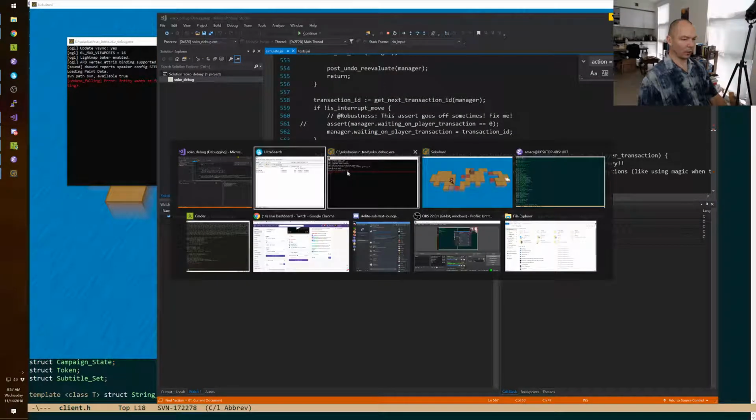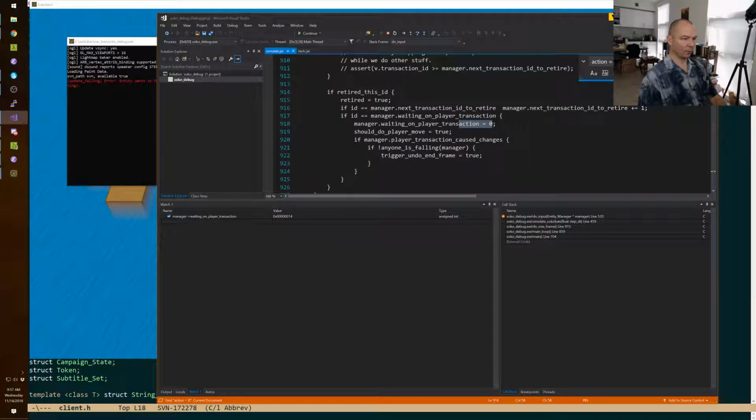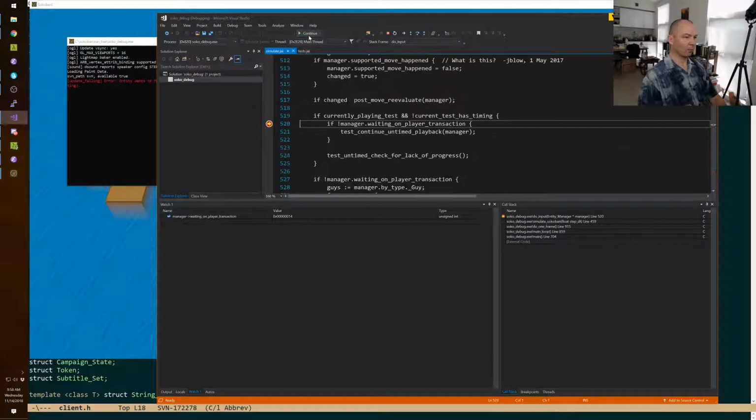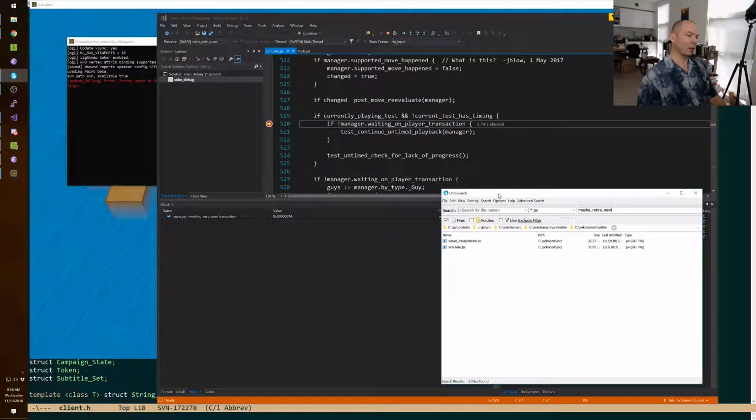Well, that's one place, but I think there's another one. Yeah, this is the main one. So we call maybe retire next transaction, although maybe that doesn't happen every frame. Yeah, no. All right. That happens from visual interpolation when a move completes.